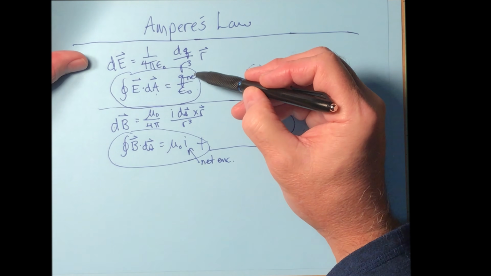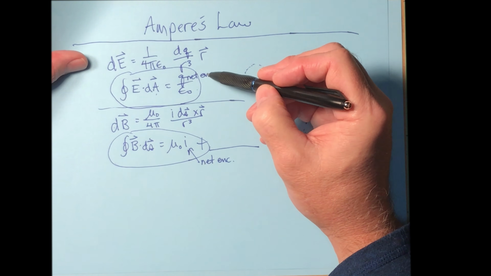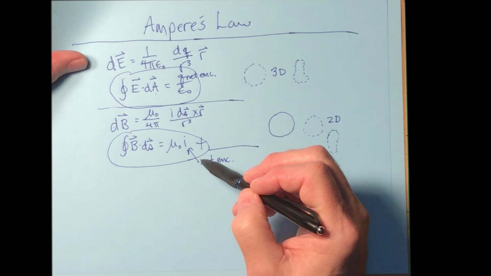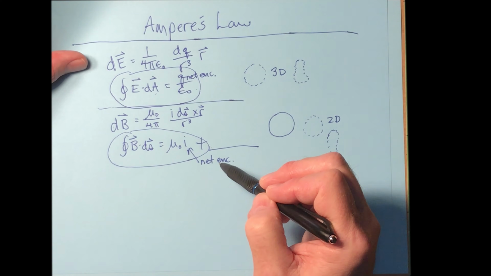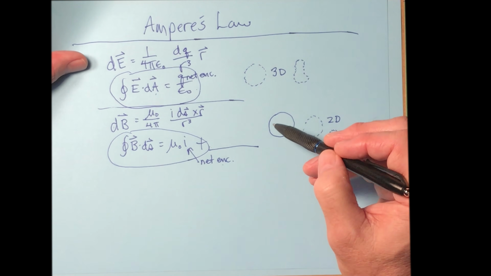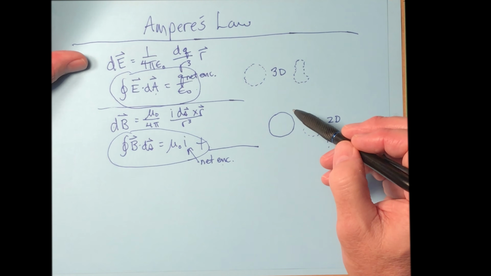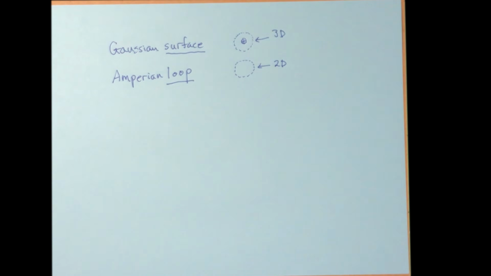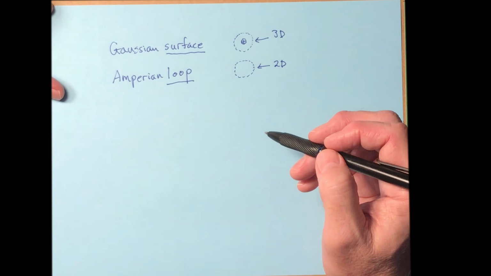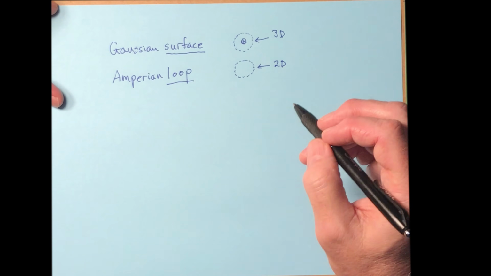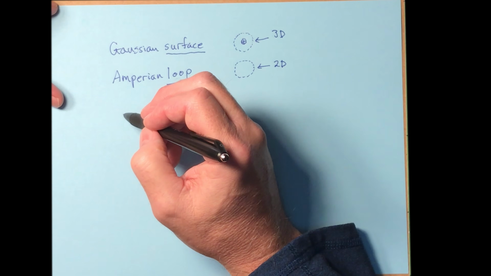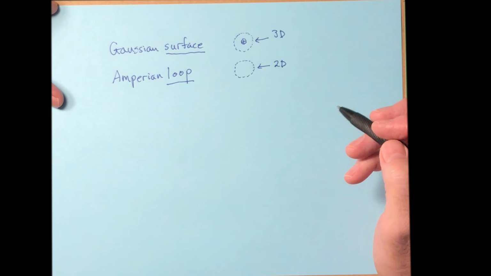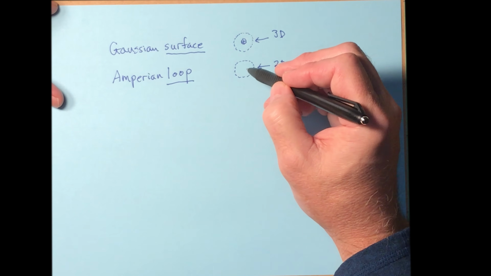Up here, it was the net enclosed charge inside our Gaussian surface. Down here, it's going to be the net enclosed current inside our Amperian loop. So there's another analogy that goes along with Gauss's law and Ampere's law. But what that means is that we have to figure out a way to determine whether a current is positive or negative inside of our loop.